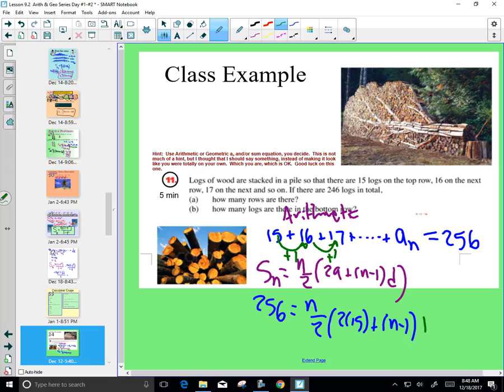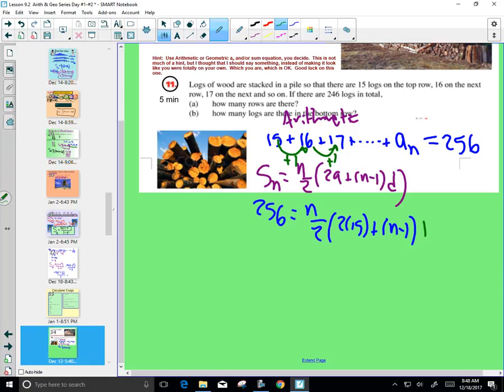So that's simple. So when I work this out, you're probably not surprised, n over 2 times 30 plus n minus 1. That's just going to be 29, right? So this is n.